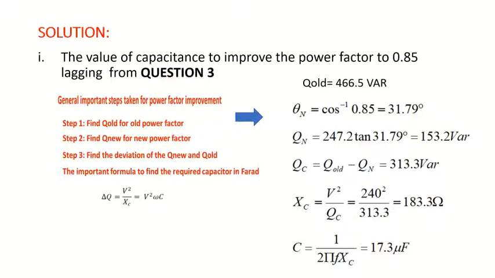So P times tangent 31.79 degrees is equal to 153.2 VAR.